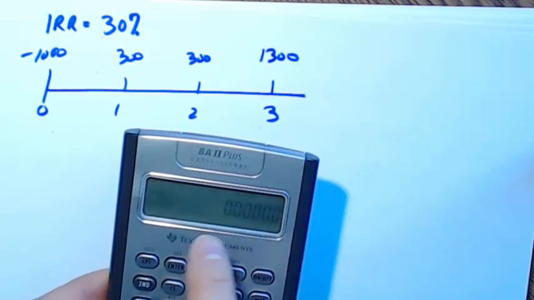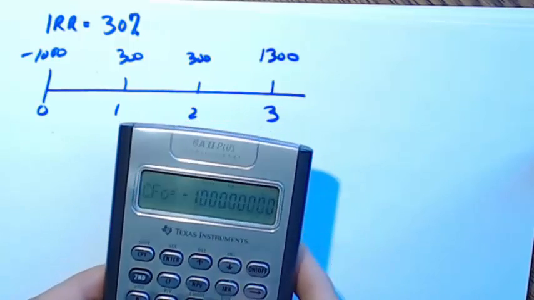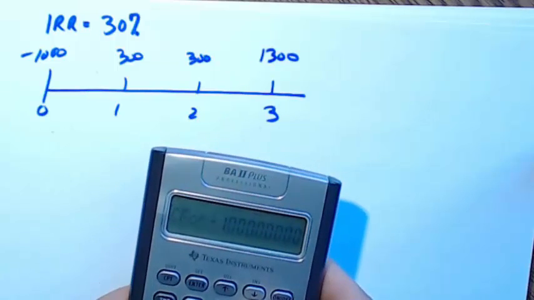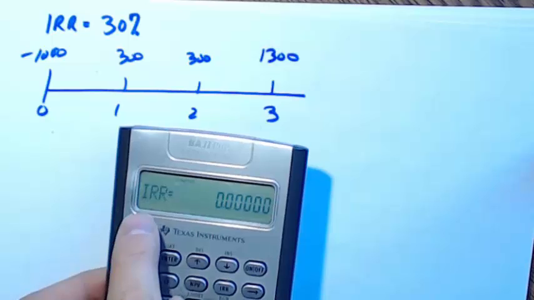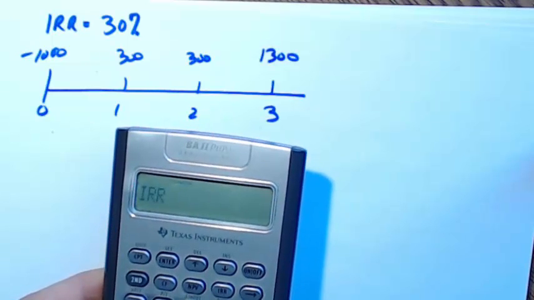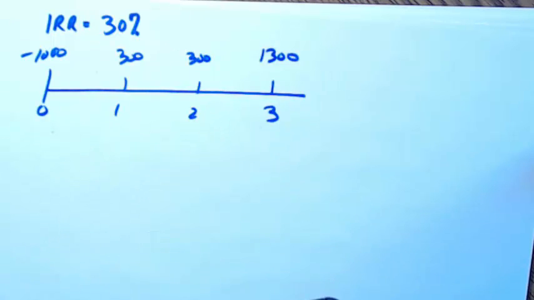Make sure that the cash flows after are all zeroed out, and they are. Now I hit the IRR button, and it says 0 for the moment. But I hit compute. And notice it's blank for a second, it just thought about it. It searched, and it found it at 30%. So there's the calculator telling you it's 30%.